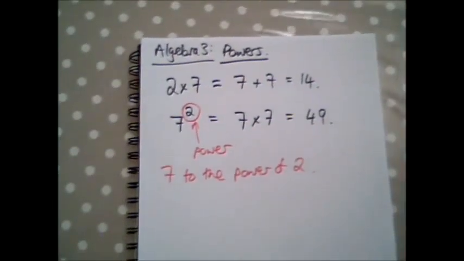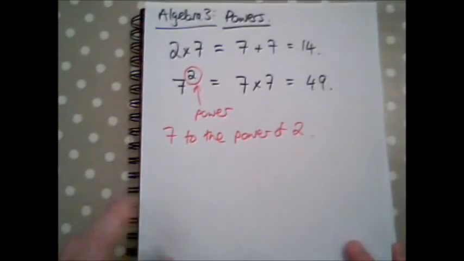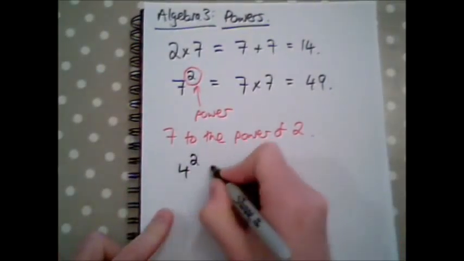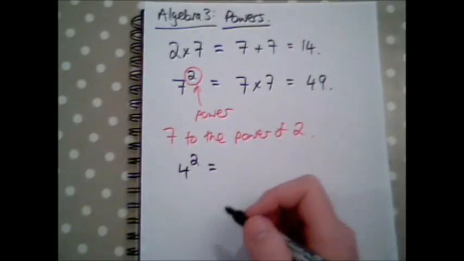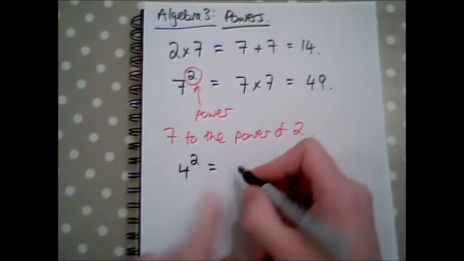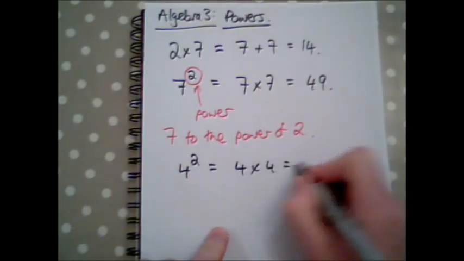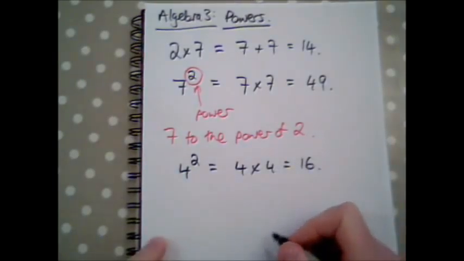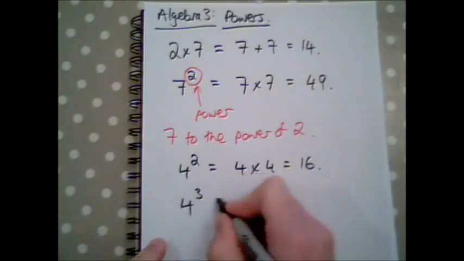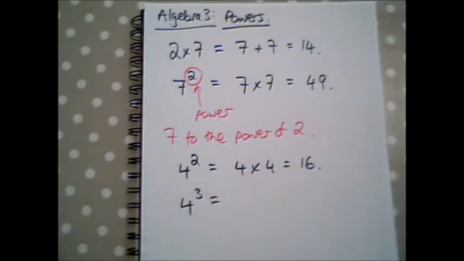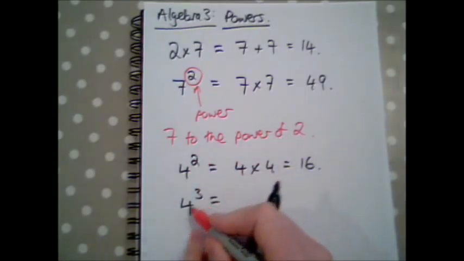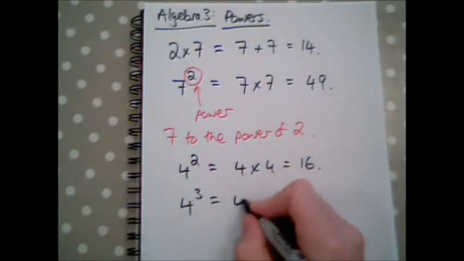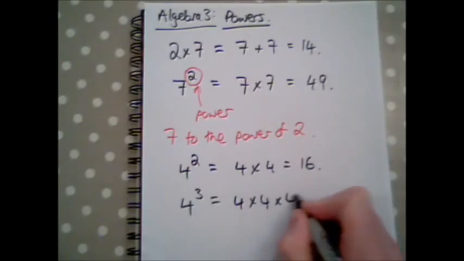Alright. 4 to the power of 2, or 4 squared, sometimes it's called squared, is 4 by 4, which is 16. And 4 to the power of 3, and this is why the 2 is important here, means 4 by 4 by another 4.